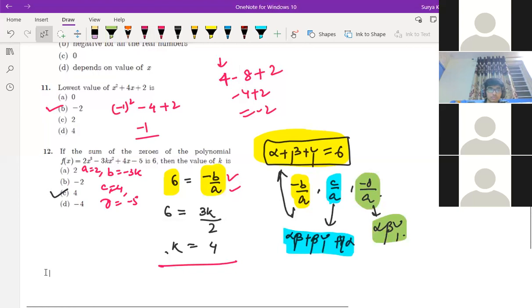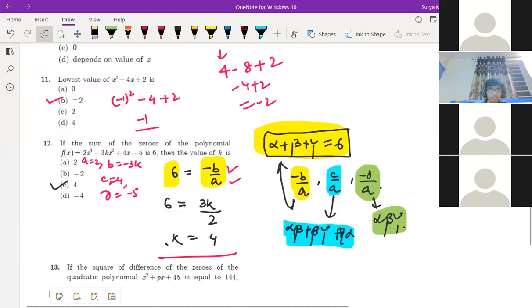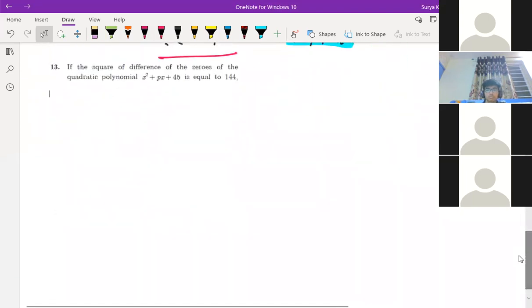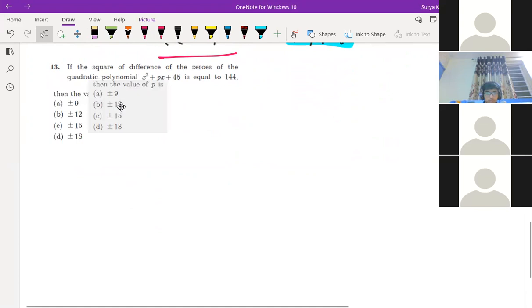If the square of the difference of the zeros of a quadratic polynomial is this much, then find the value of p.